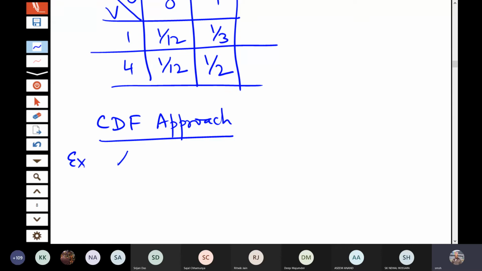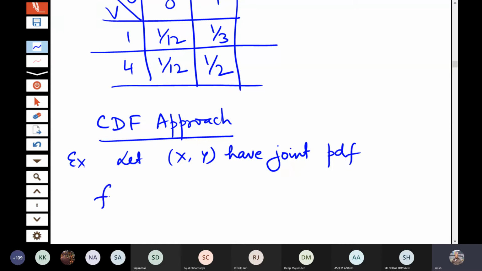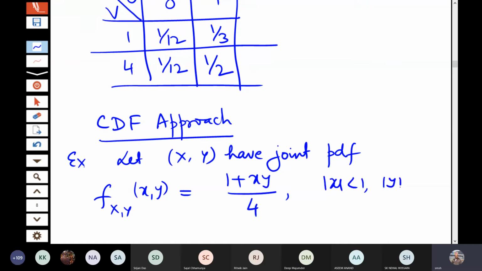Let X, Y have joint PDF given by f_XY equal to (1 plus xy) divided by 4 for mod x less than 1 and mod y less than 1. It is 0 elsewhere.